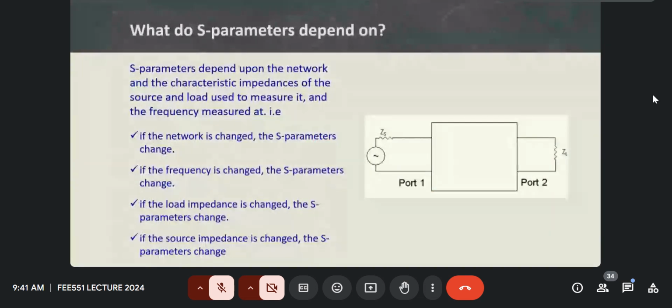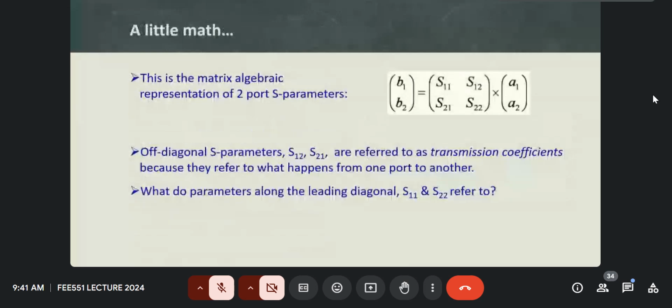S parameters, of course, depend on the network, on the frequency, on the load impedance and the source impedance, etc. For example, here you can see the load impedance and source impedance. To represent a two-port network with S parameters: this is the output, this is the S parameters matrix, and this is the input.